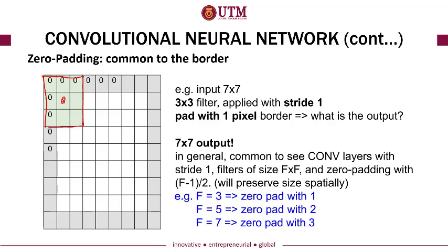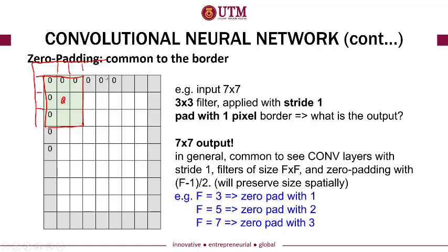If you set your filter size to 5 times 5, in order for you to start here, you must add another line here. So that means if you are using a filter of size 5 times 5, then your zero padding must be 2 lines of pixels border.